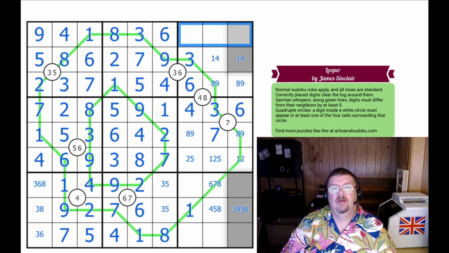These 3 digits are 2, 5, 7, with the middle one not being a 7.